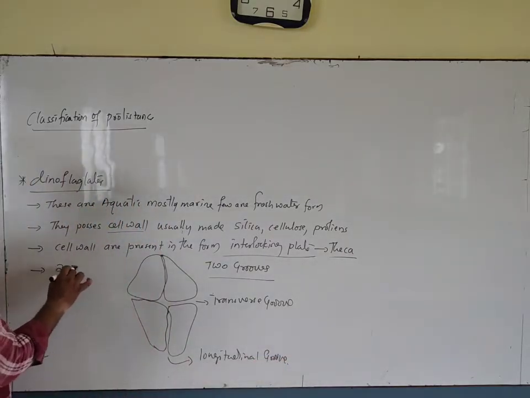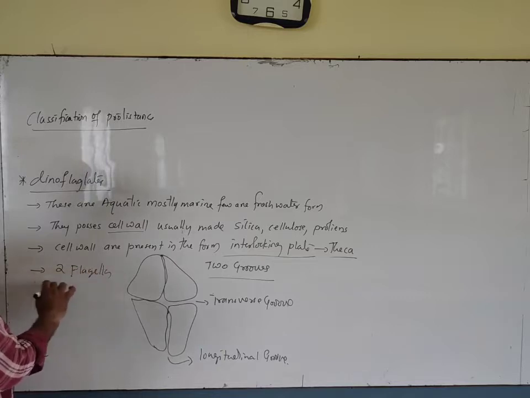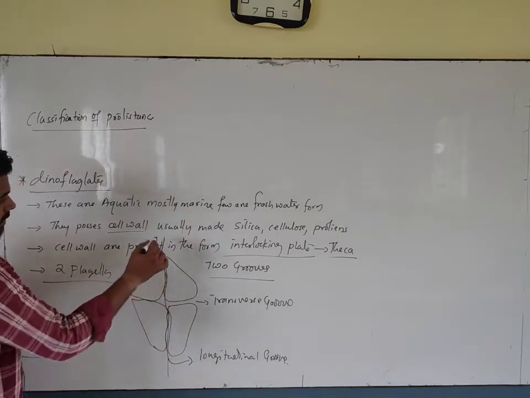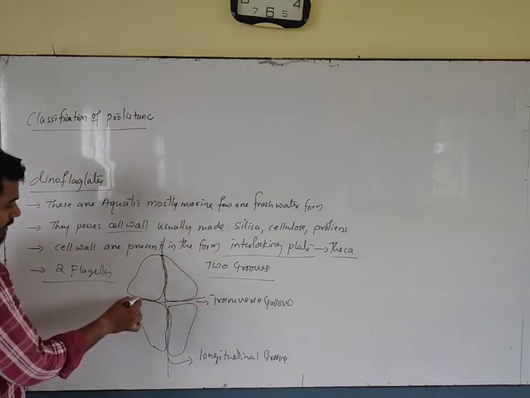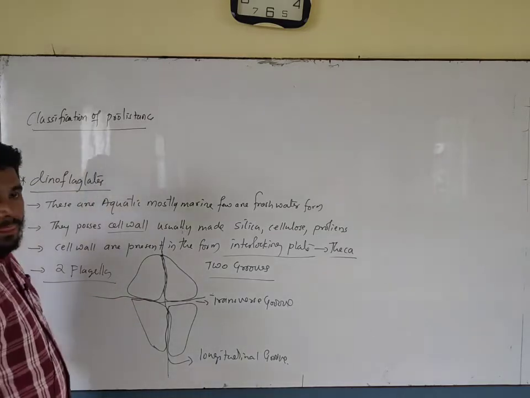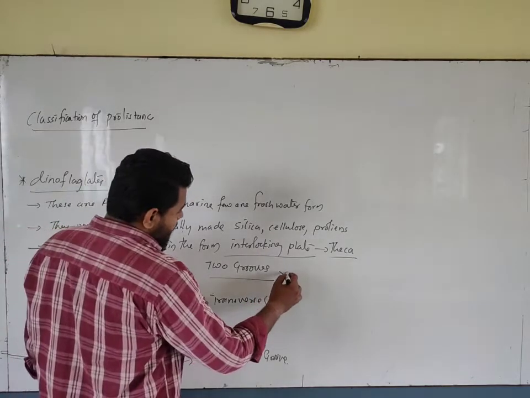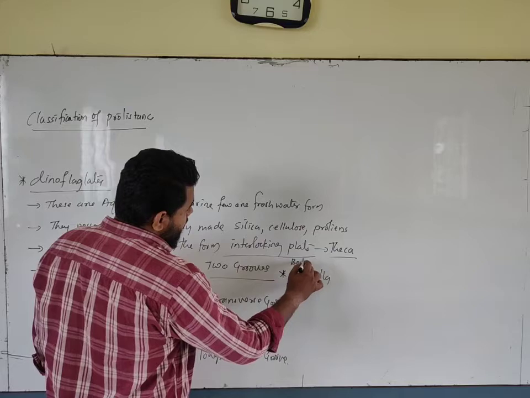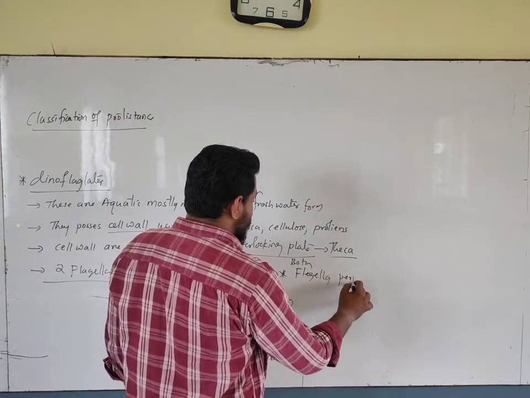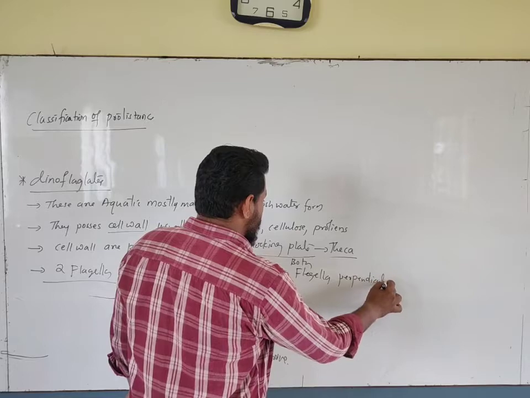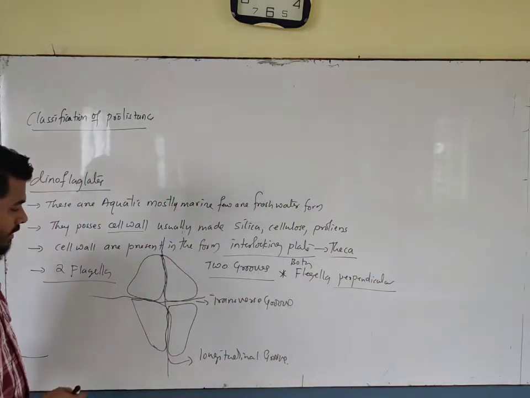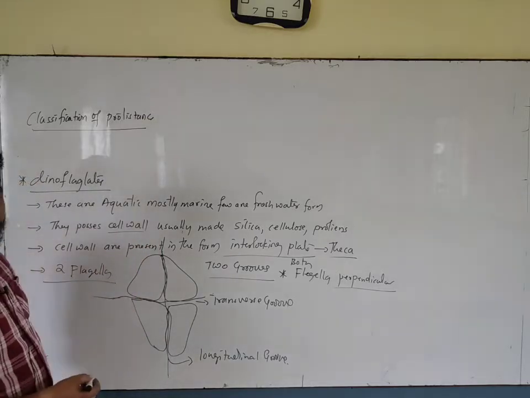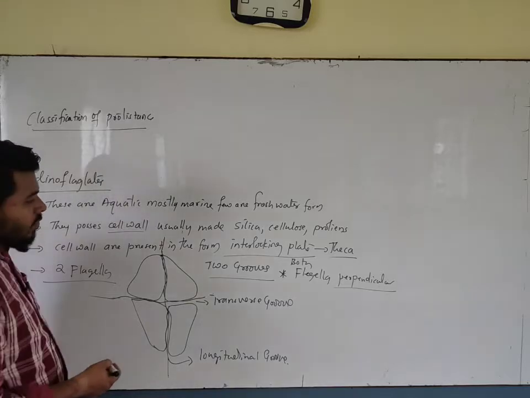They contain two flagella. One is present at the longitudinal group and the other at the transverse group, and both flagella are perpendicular to each other. You can just observe here. The transverse flagellum intersects with the longitudinal flagellum, so they are perpendicular to each other.